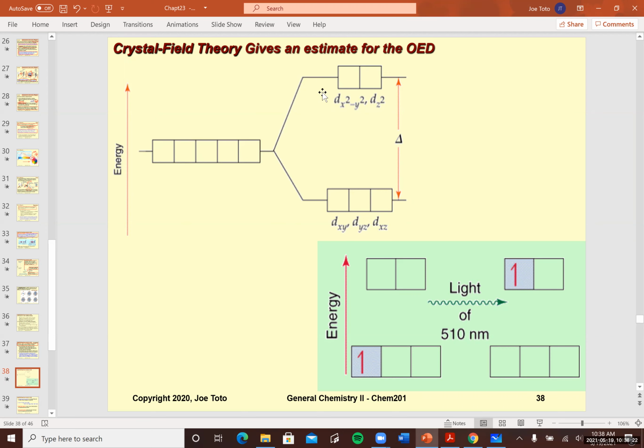Two orbitals are higher in energy because they repel more with the incoming electrons from the lone pair of the ligand, and three don't repel as much. So they separate out, giving a gap energy. And now we can understand how that titanium complex can absorb light. When it absorbs light, it promotes the electron from the lower energy level to the higher energy. And that gap energy, like we mentioned before, that delta is indivisible.